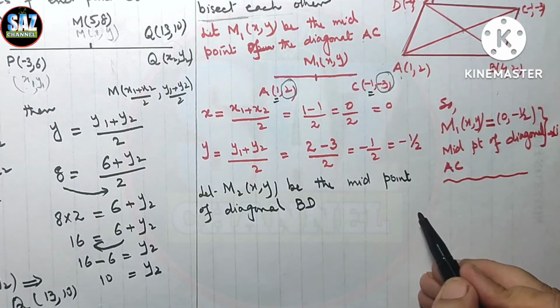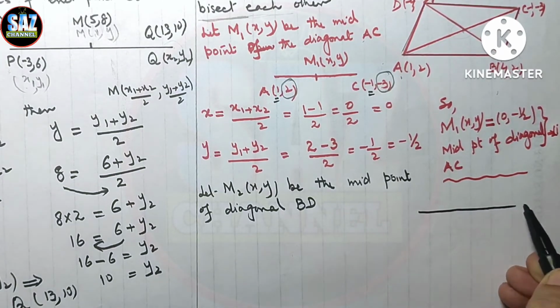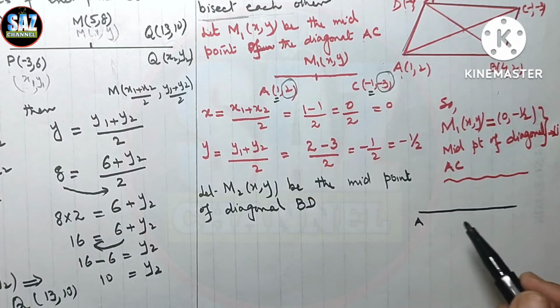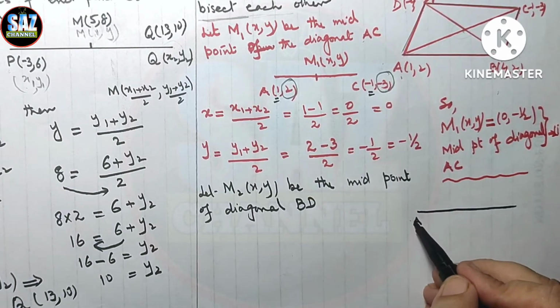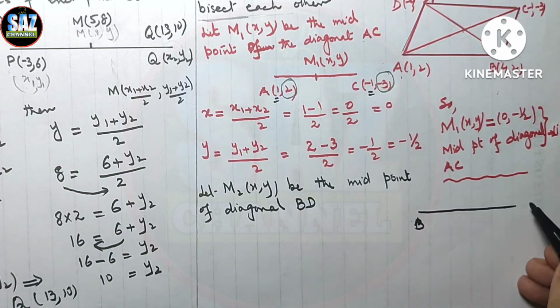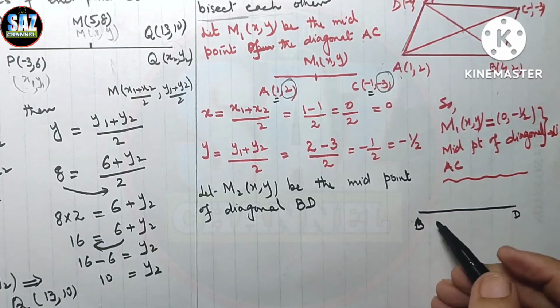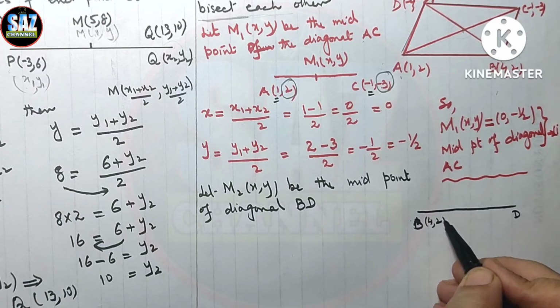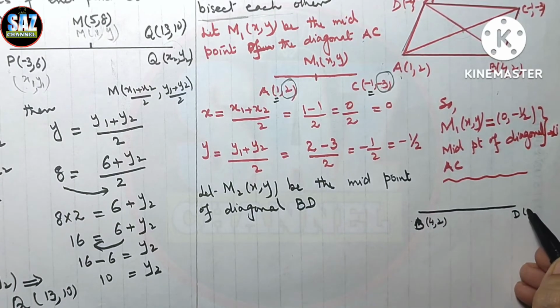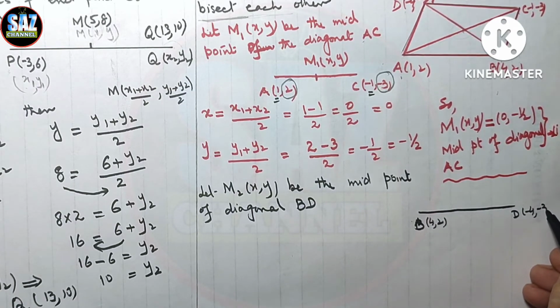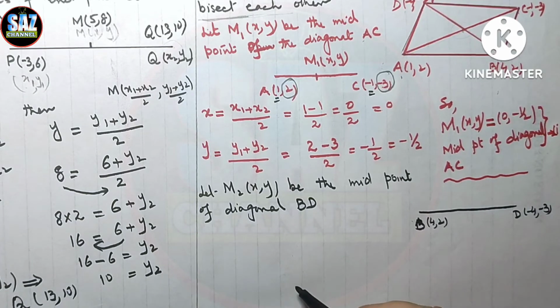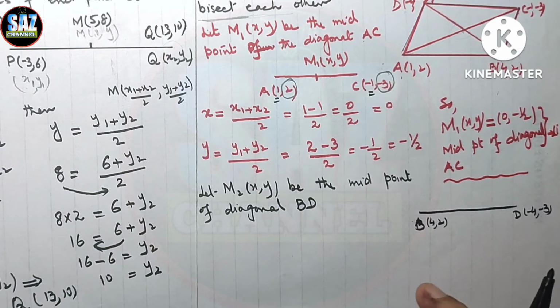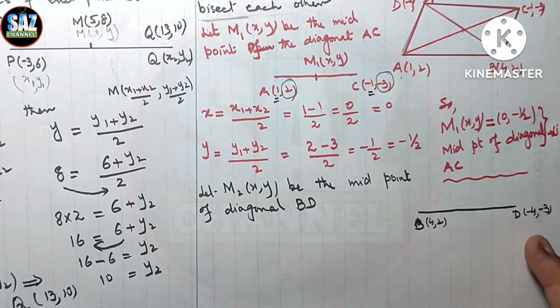Again draw a small figure here. No need for such large diagrams, just support your working with statements, reasons and diagrams. B is (4, 2) and D is (-4, -3). Let me confirm the data. B is positive (4, 2) and D is (-4, -3).